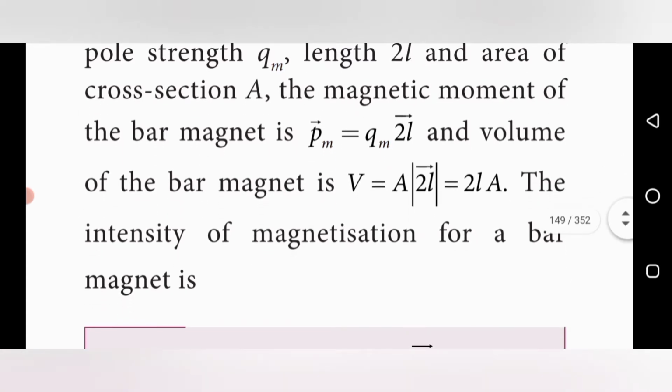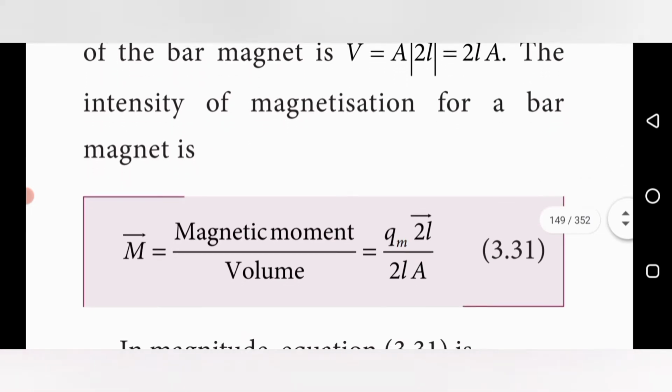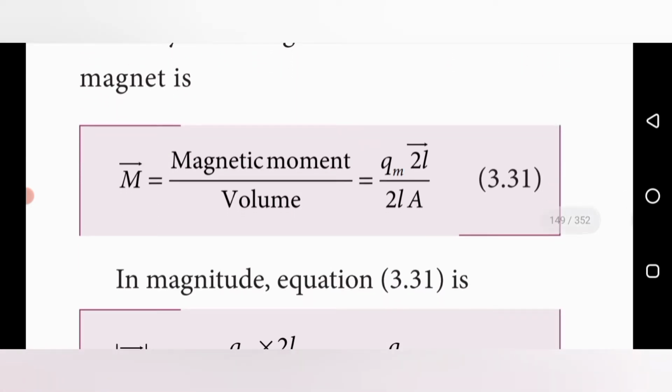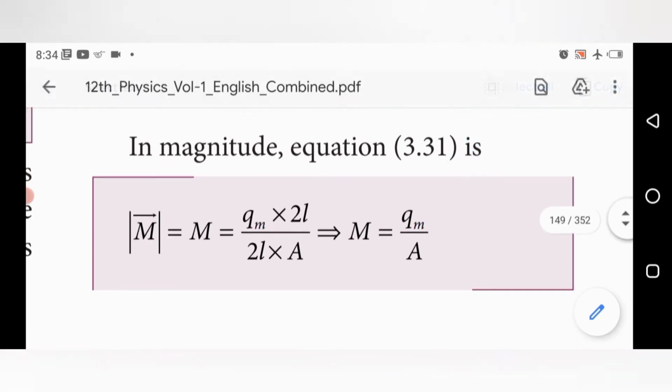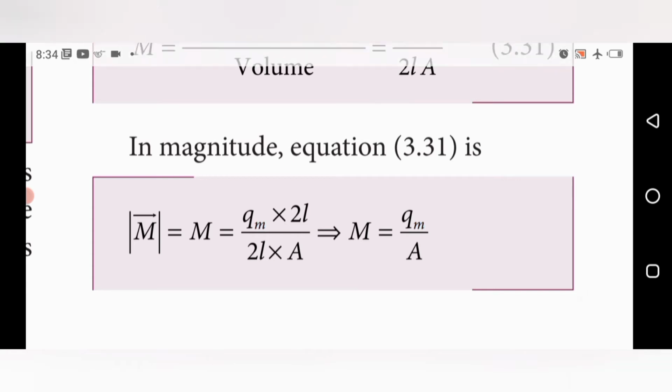Now find out the intensity of magnetization for a bar magnet. You know M is equal to magnetic moment divided by volume. Magnetic moment P, the value is Q_m 2L, divided by volume 2LA. Simplify that equation. 2L cancels, then Q_m by A. Q_m is the pole strength divided by A, the area of cross section of the bar magnet.